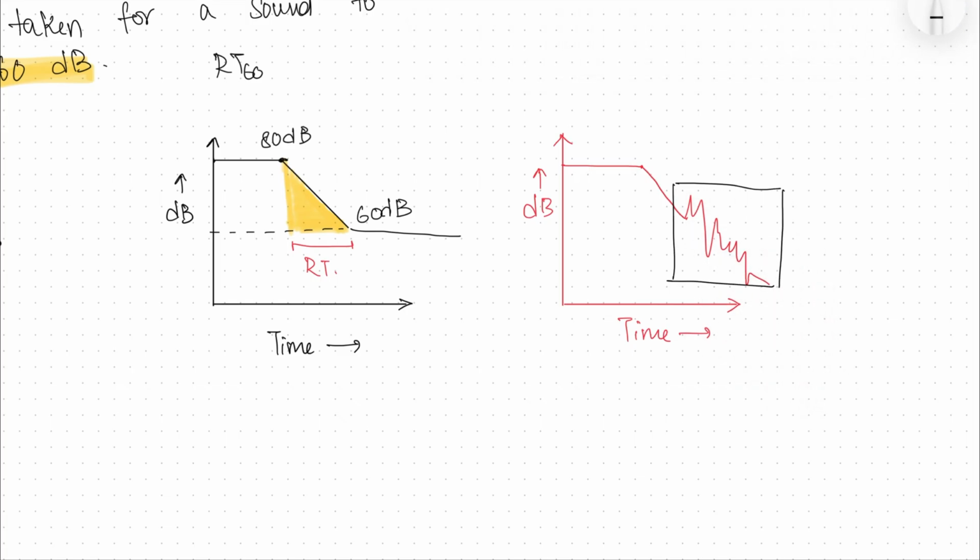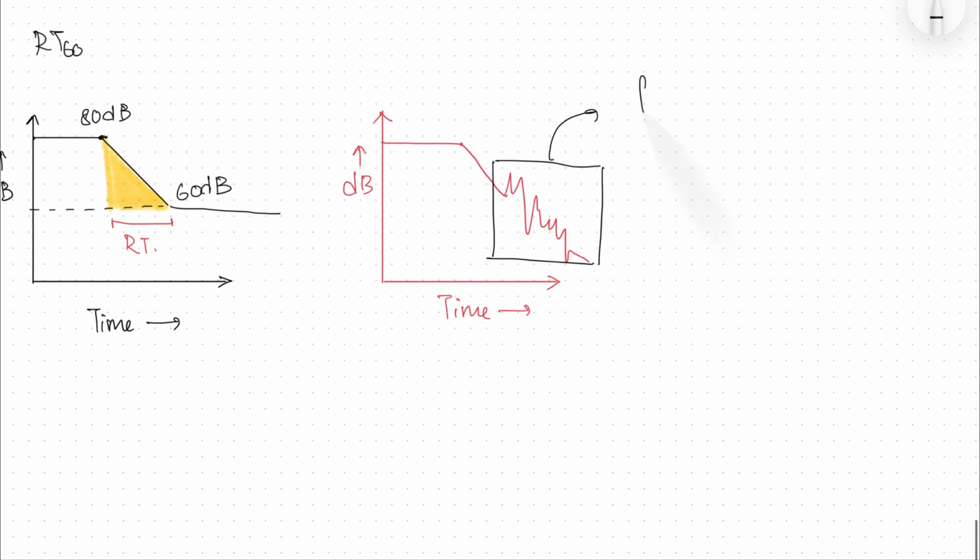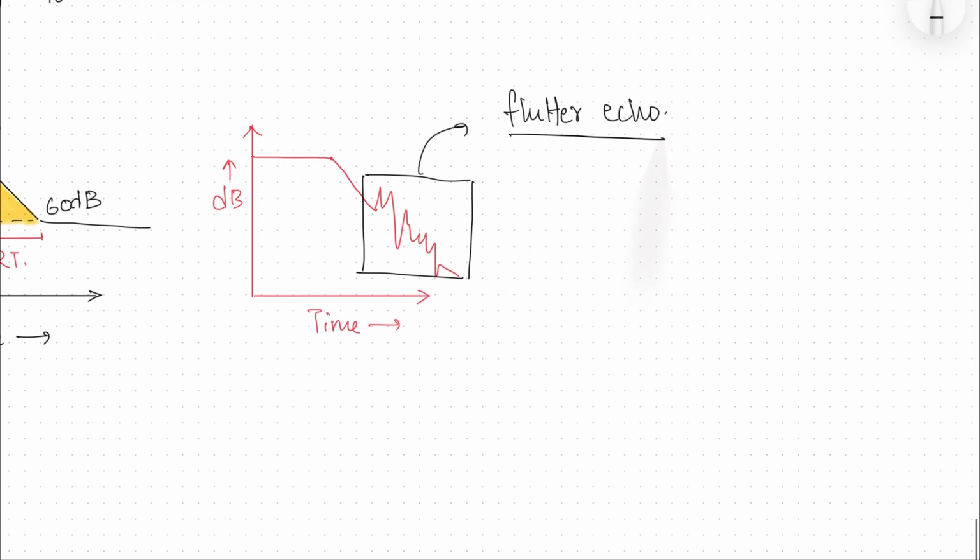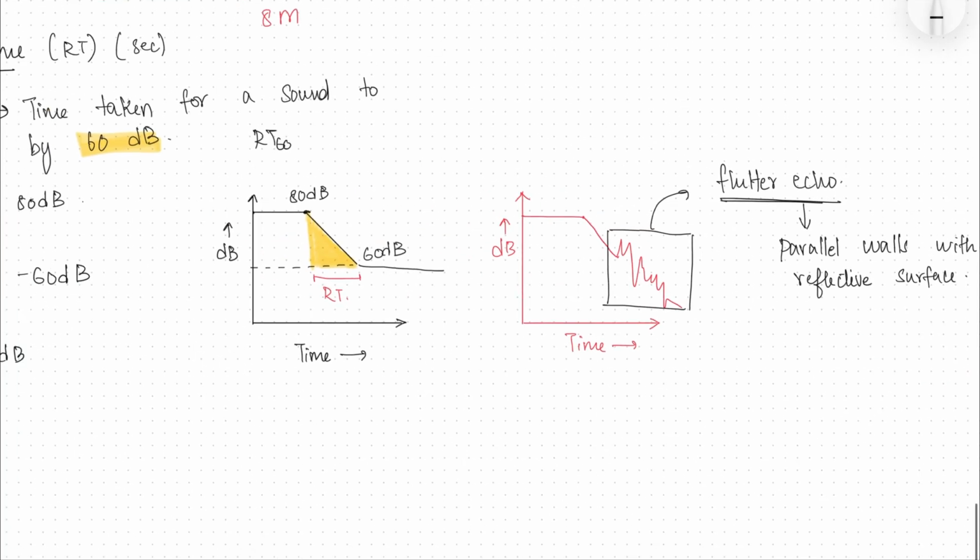Whatever spikes you see are your flutter echo. The main reason for flutter echo is parallel walls with reflective surfaces, and I'll talk about reflective surfaces in a bit. Okay, so RT is clear.